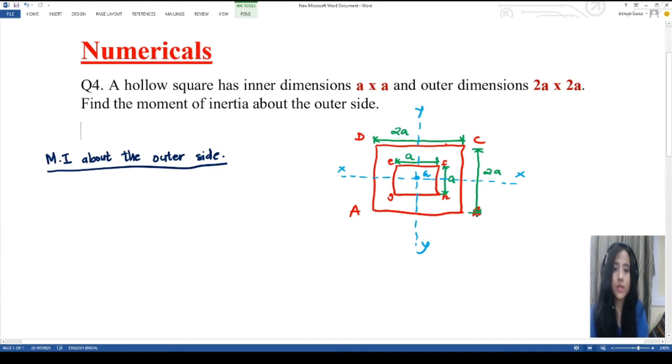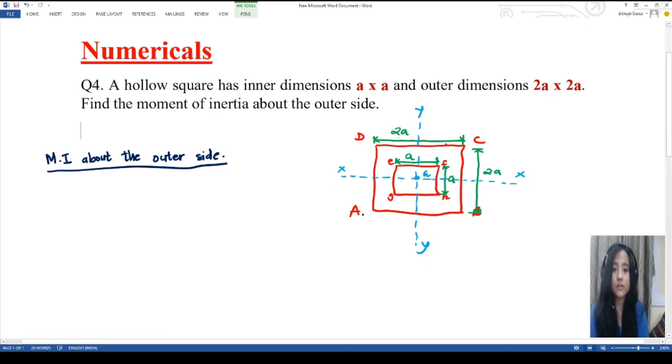We can take AB. If we take AB, this plane will be running parallel with x-axis, right? If I take DC, again this DC plane will also be running parallel with x-axis. If I take BC, this BC plane will be running parallel with y-axis. And if I take AD, it will be running parallel with y-axis.